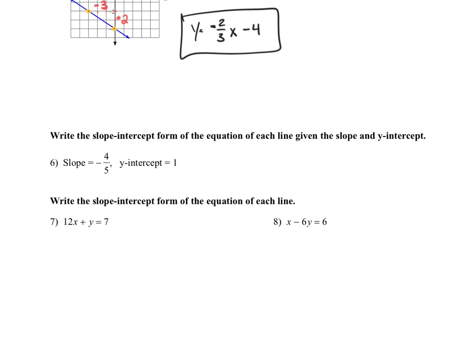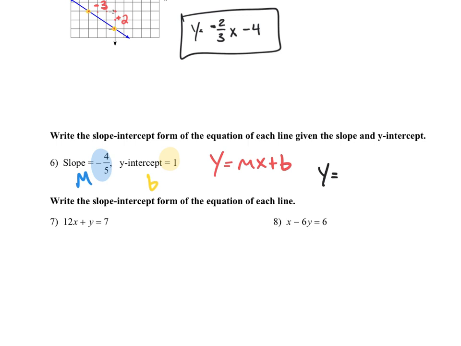This next one's probably the easiest one on the page. Here they ask you again to write it in slope-intercept form, and they give you the slope and they give you the y-intercept. So all that means is you've literally got to take this equation and plug it in for your pieces. Remember, the slope is m, the y-intercept is your b.